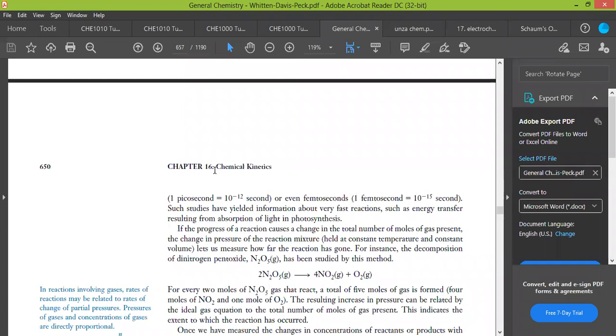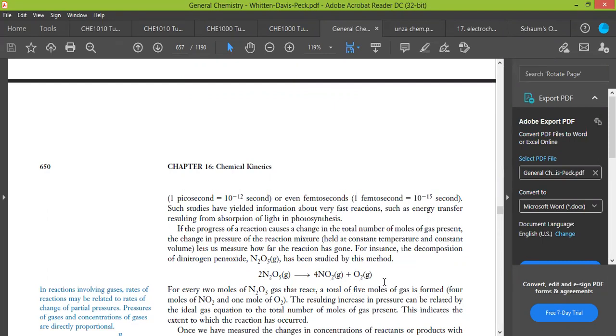Okay, so let us look at the reaction of dinitrogen pentoxide. Dinitrogen pentoxide can decompose to give us nitrogen dioxide and oxygen. So what does this actually mean? This means that for every 2 moles of dinitrogen pentoxide gas that reacts, a total of 5 moles of gas is formed.